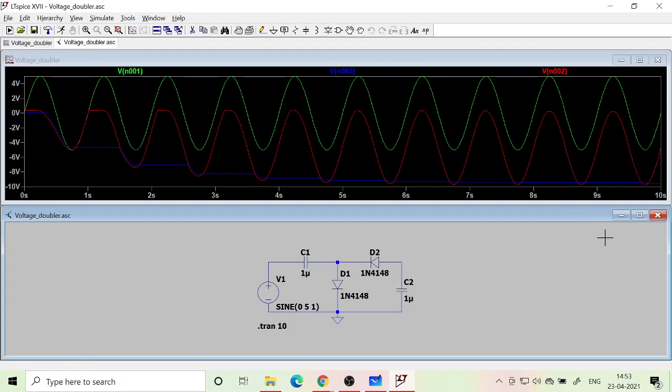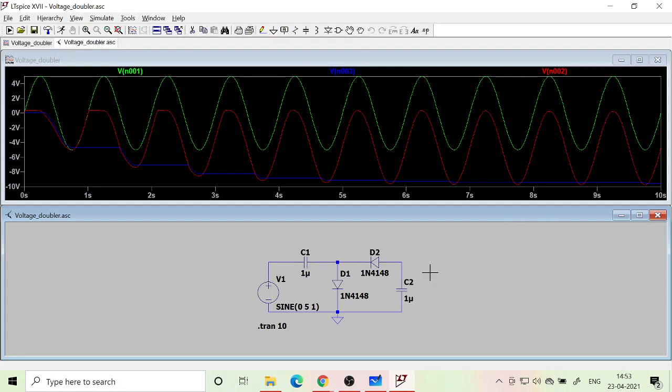And can you tell me whether it will reach exactly minus 10 volt or not? What I explained in the class is with ideal diodes, but here it is not an ideal diode, it's a real diode.